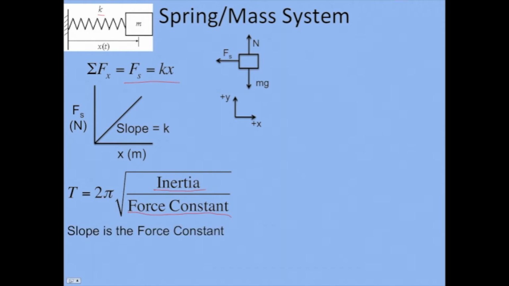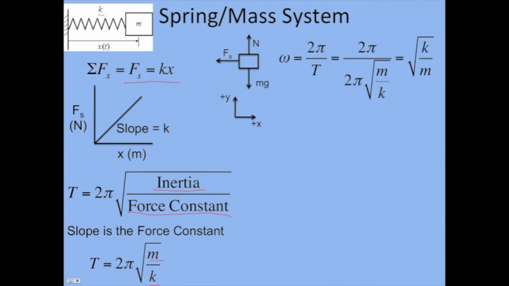And so slope is the force constant. And so for a spring mass system, we replace inertia with m and the force constant with k, and that's our period. And then we know angular frequency is 2 pi over the period, the same equation as angular velocity. So if I put this equation in for the period, I get the angular frequency is square root of k over m. So you can actually remember this instead and then always solve for the period.